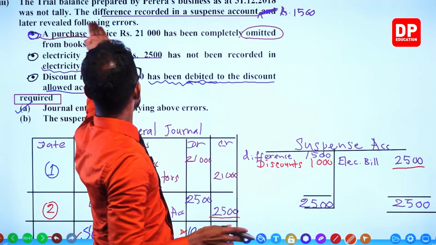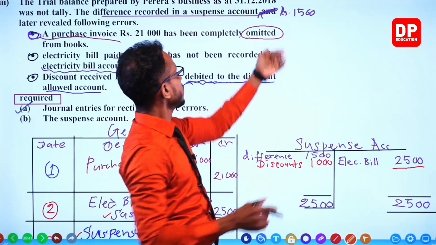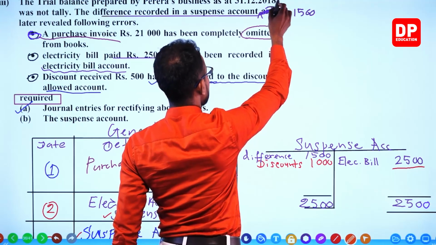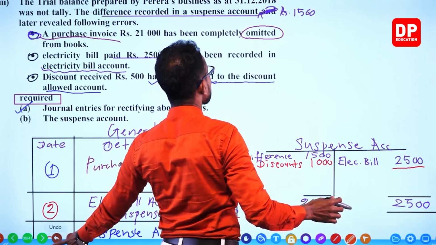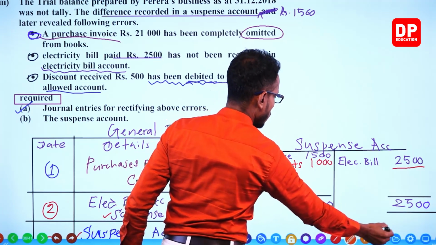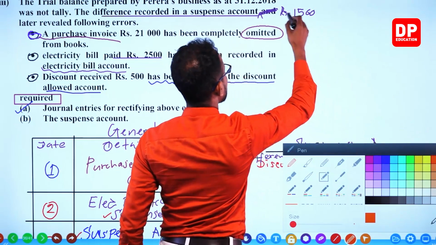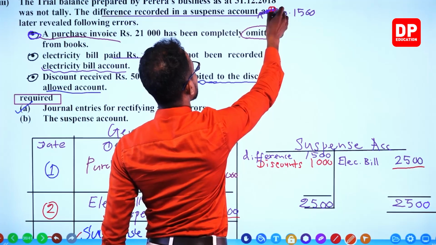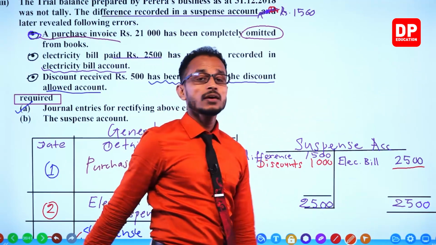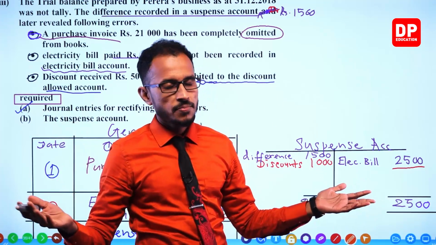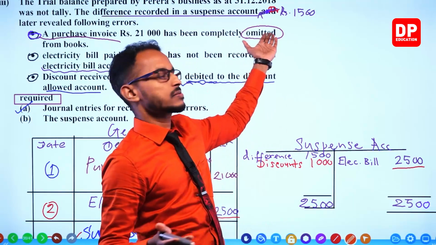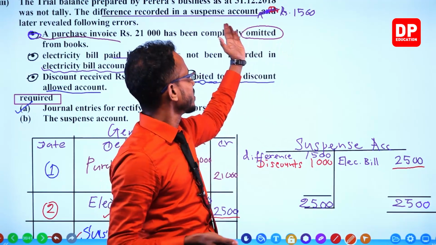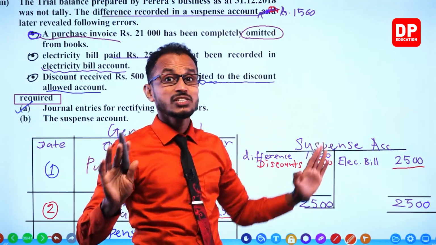They should say debit or credit or whatever; in this question, it is a debit, rupees 1500.